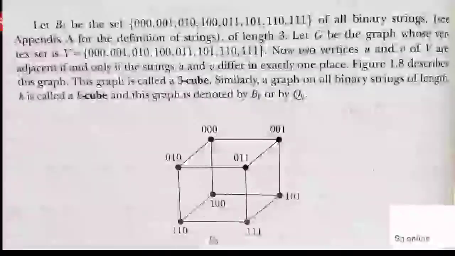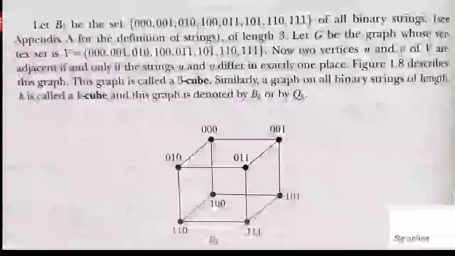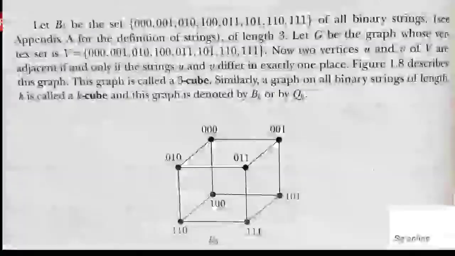So these are 2 typical examples of graphs I am just showing, as after the definition we always put some examples. Here is an interesting example you may generalize: if you have all binary strings of length k, you get a k-cube.